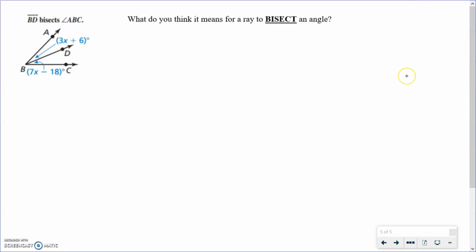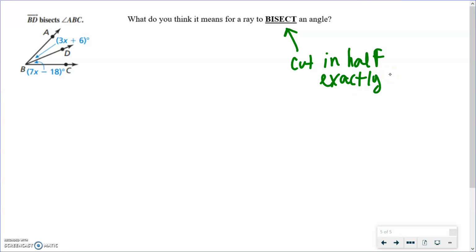So we talked about bisecting segments. We're going to also talk about bisecting angles. Okay, so bisect means to cut it exactly in half, whether we're talking about an angle or a segment, it doesn't matter what we're talking about. If something is being bisected, that is going to be to cut exactly in half. So you're always going to have two equal pieces when you bisect something.